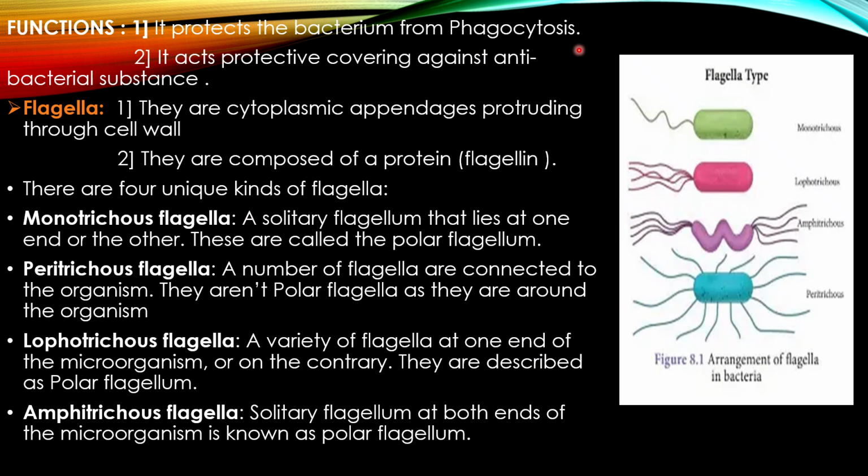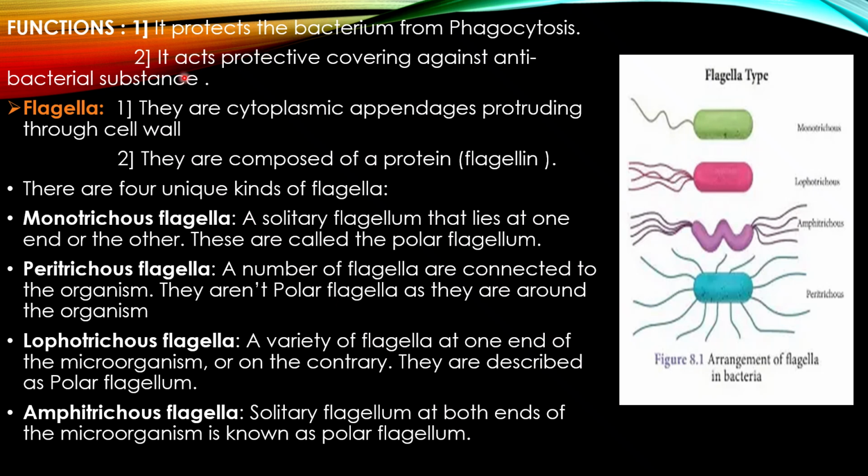But when the bacterium has this capsule, it protects the bacterium in such a way that the immune cell cannot engulf and digest it very easily. So that is the function of the capsule. It protects the bacterium.